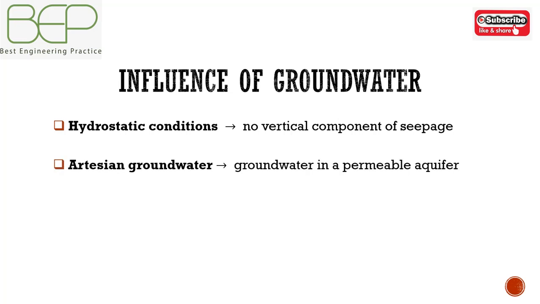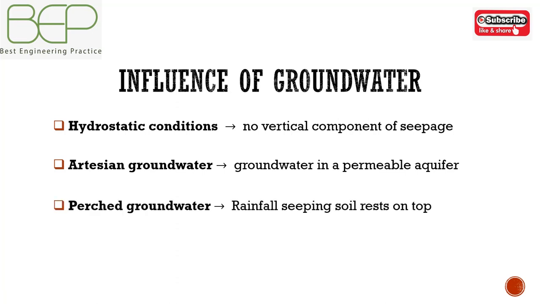Groundwater in a permeable aquifer confined below a relatively impermeable material such as clay, which exists at a pressure higher than that due to its distance below the top of the aquifer. When a hole is drilled into the aquifer, groundwater rises up the borehole through the relatively impermeable material and may rise above ground level.